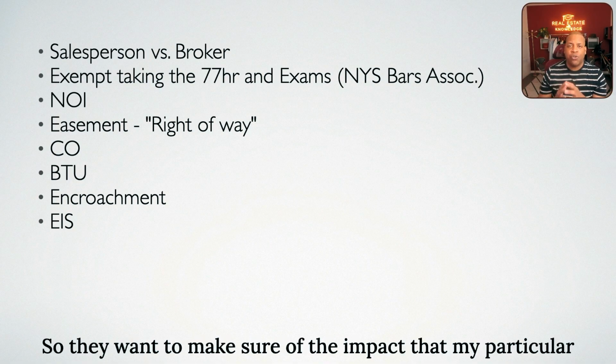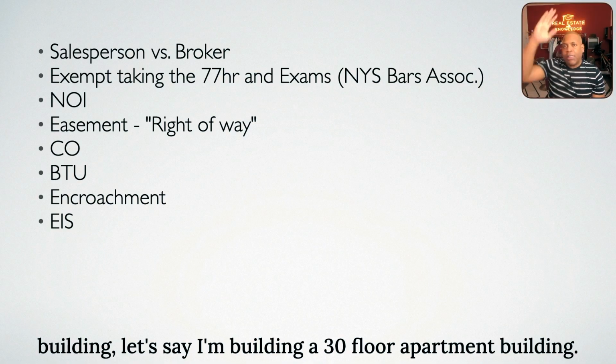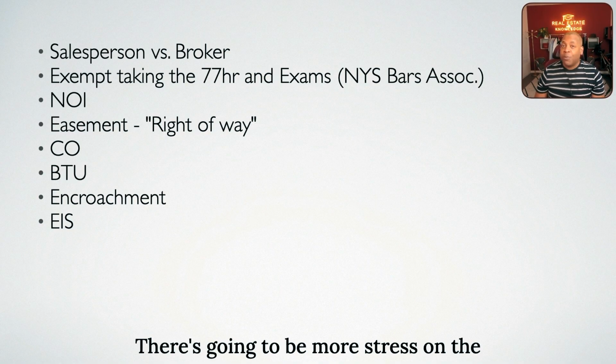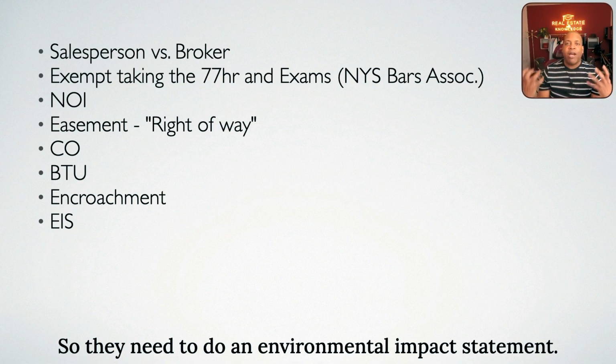They want to make sure of the impact that my particular project is going to have on the community, right? Because if I'm building, let's say, a 30-floor apartment building, there's going to be more stress on the subway system, the bus system. So they need to do an environmental impact statement.